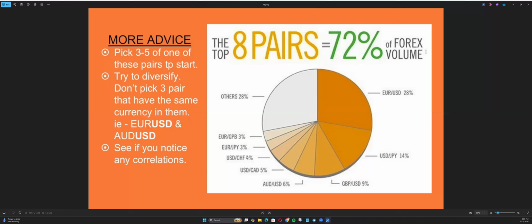Then you have USD CHF and USD CAD. Correlation is the USD. AUD USD and GBP USD, correlation is the USD as well. So it's just advice. You pick a few pairs that you can trade with, so you don't bombard your head with a lot of information. Okay, so this is for what is traded in Forex.